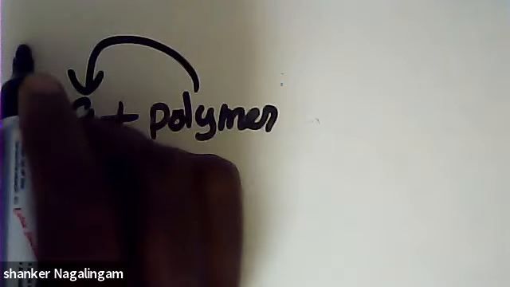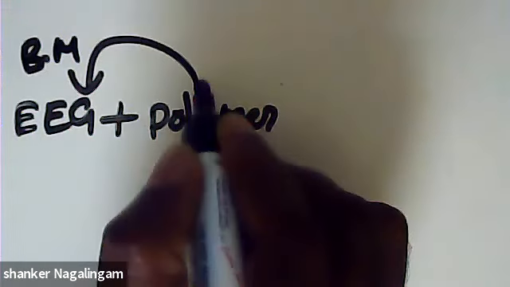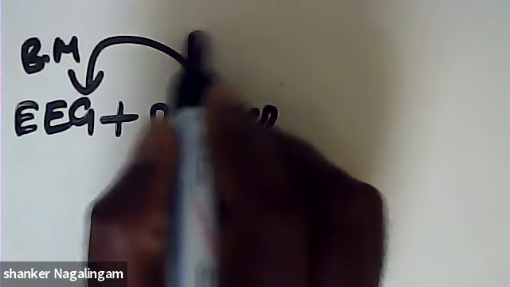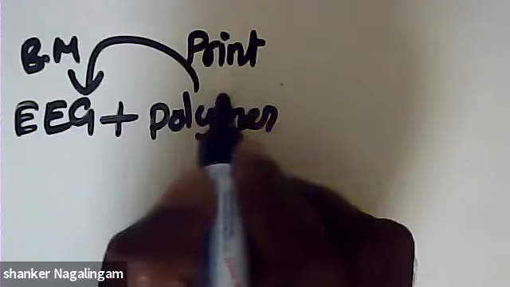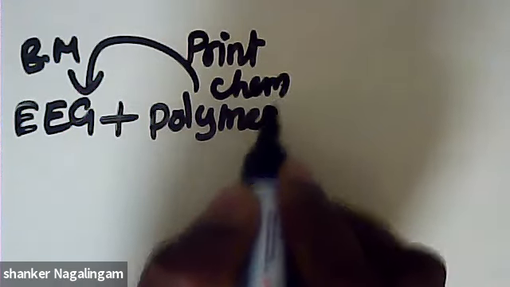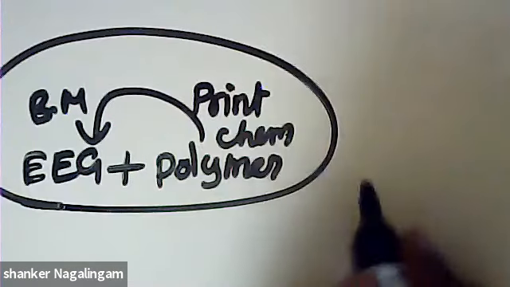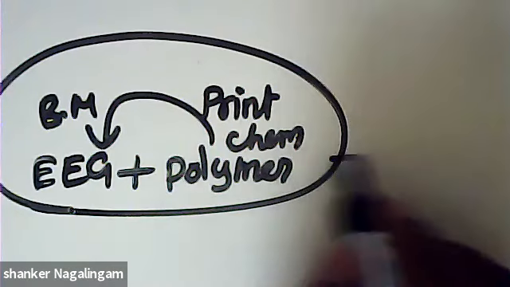EEG relates to the biomedical area, and the polymer is related to printing technology, and it will relate to chemical people. In that case, you have to write your literature survey in paragraphs. Then only they can understand. If you put it in a tabular column, people will not understand.